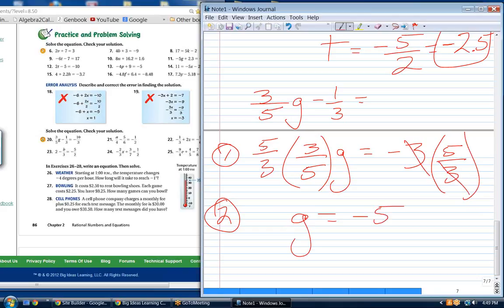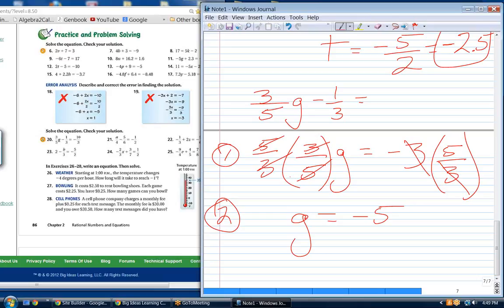Notice that by multiplying by 5/3, I completely get rid of that fractional coefficient. Couldn't you also divide by... Wait, no, never mind. That's the same thing. It is the same thing. Dividing by 3/5, yes. That's exactly what you're doing when you multiply by 5/3. You're really dividing both sides by 3/5.